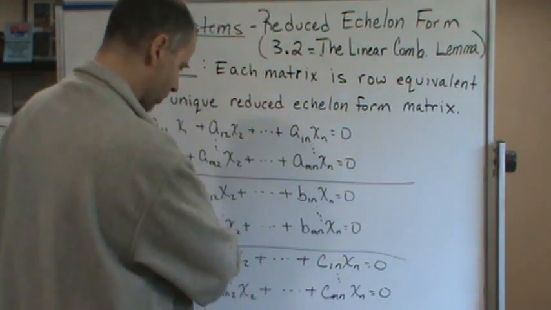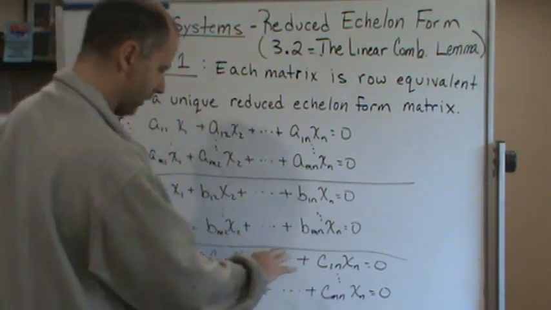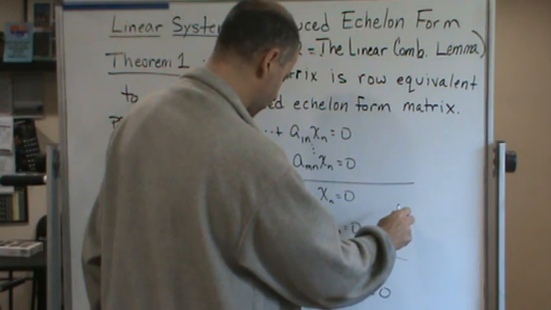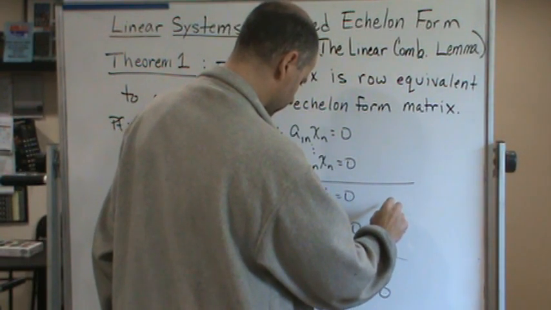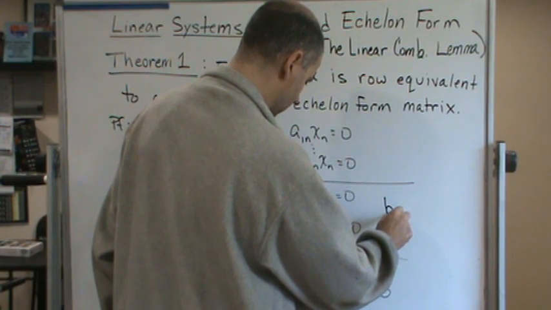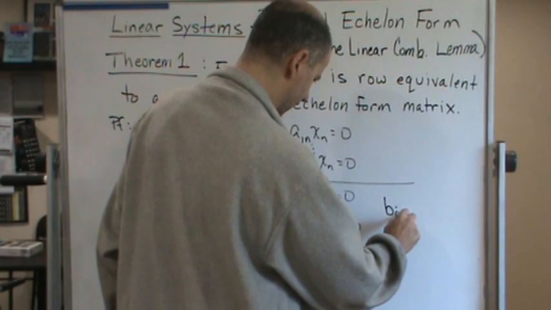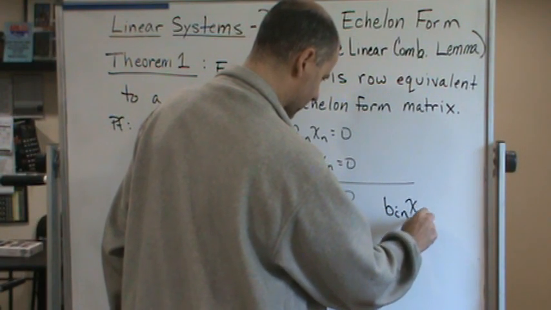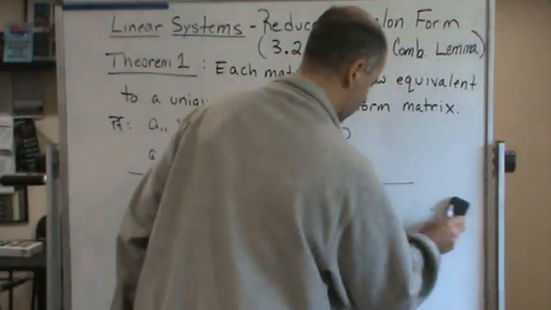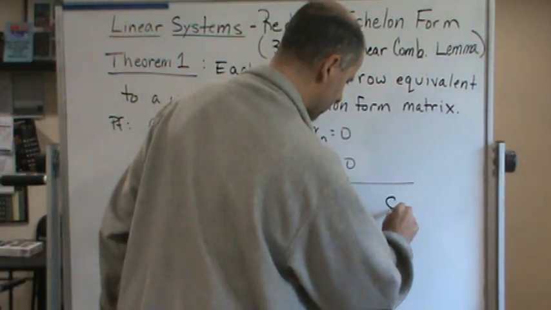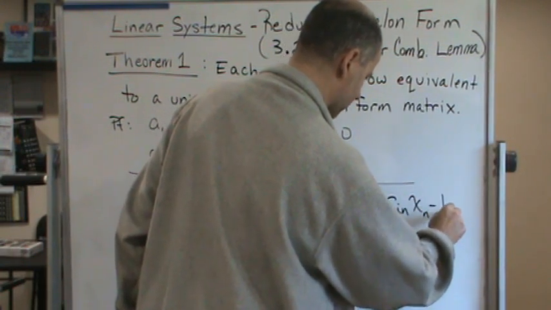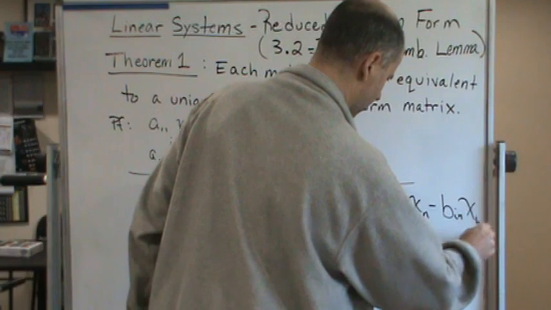We're going to take the ith row, whatever the ith row is, right? And so what we're going to get is C sub I n x sub n minus B sub I n x sub n, right?